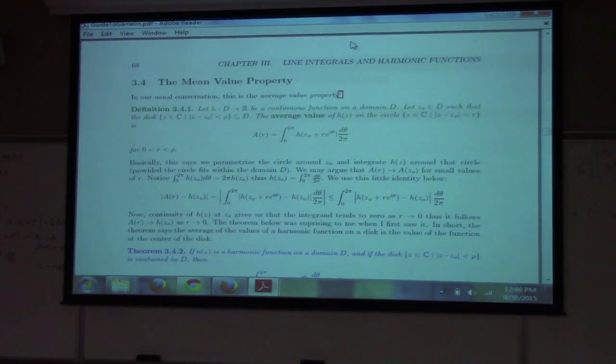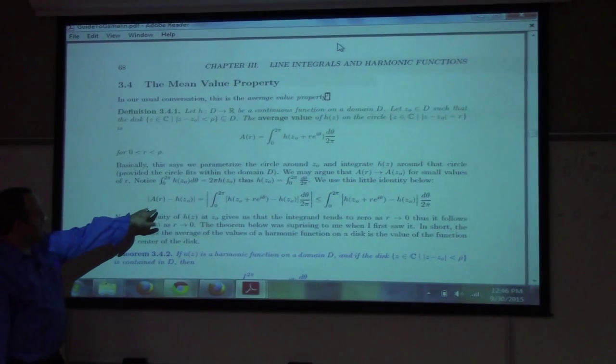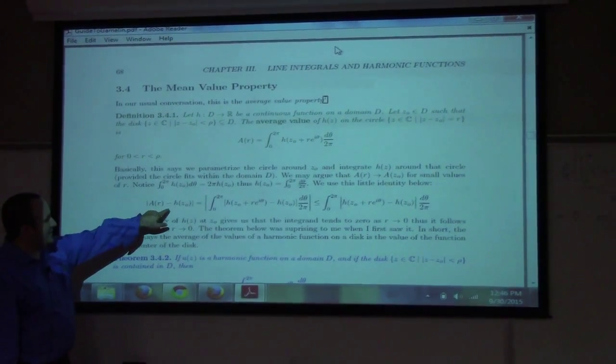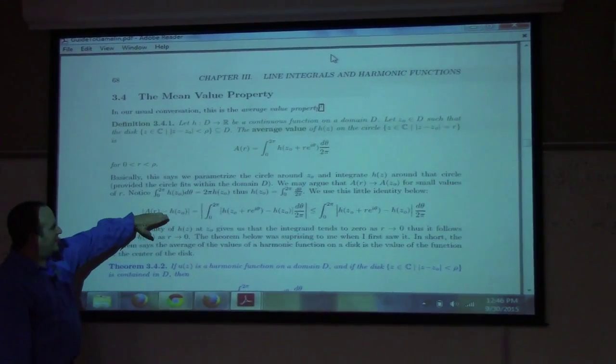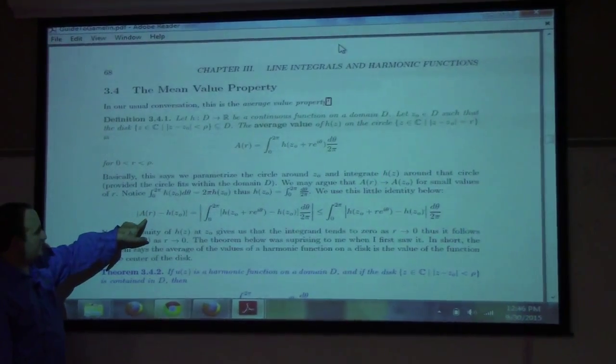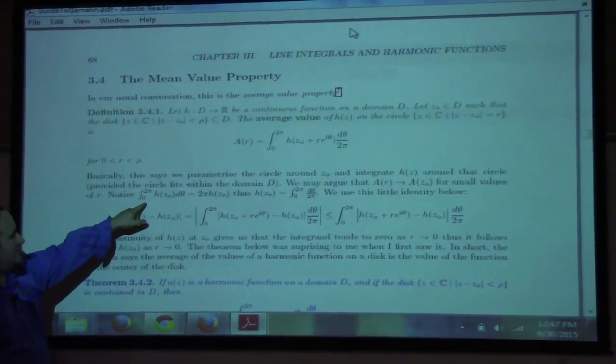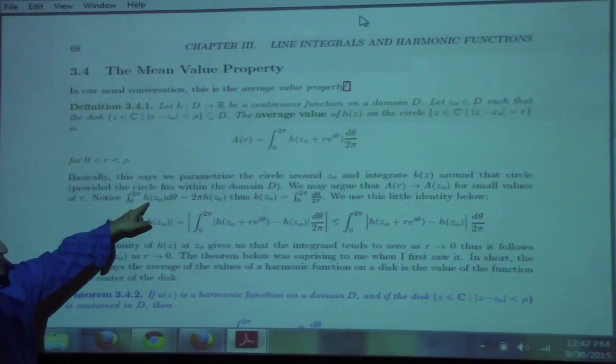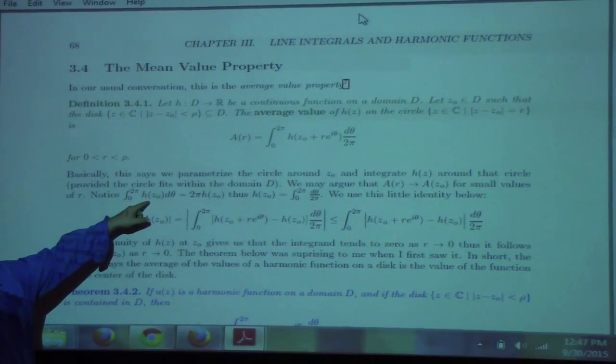Oh, wait. So the thing I didn't show you yet is this little argument. If you look at A of r minus h of z naught, then this is just straight up the integral. First of all, the integral of the constant h is 2 pi times that, so if you divide by 2 pi, you just get back h.